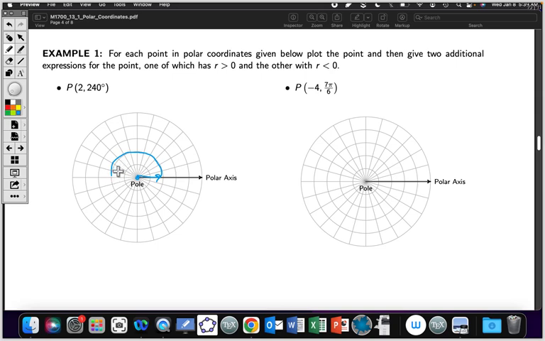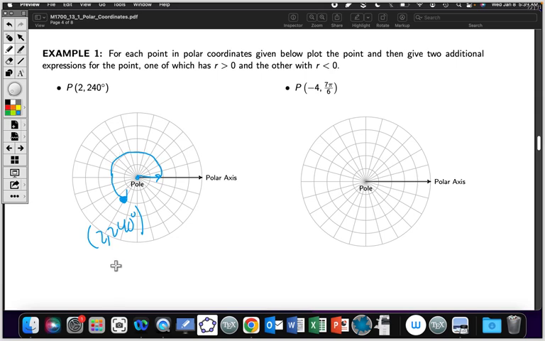And then we want to go another 60 degrees, so that would be 4 of those? 15, 30, 45, 60. There we go. And so this would be the point 2 comma 240 degrees. So that's where we would end up.